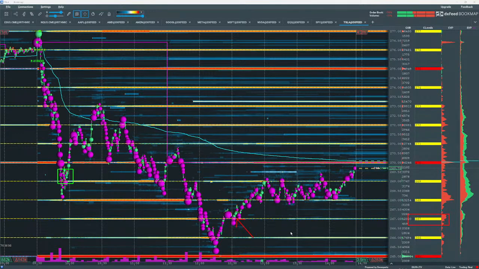All right, so if you waited for price to reach that level and then start to move higher and make a higher low, there's your entry just right at the put wall level at 267.